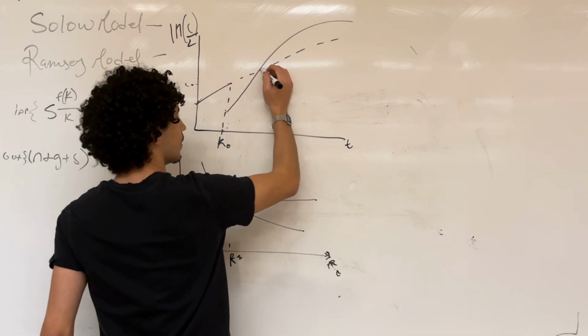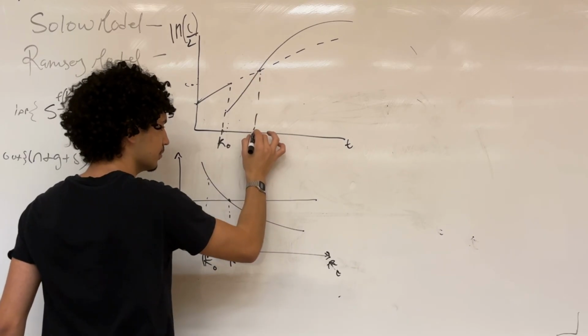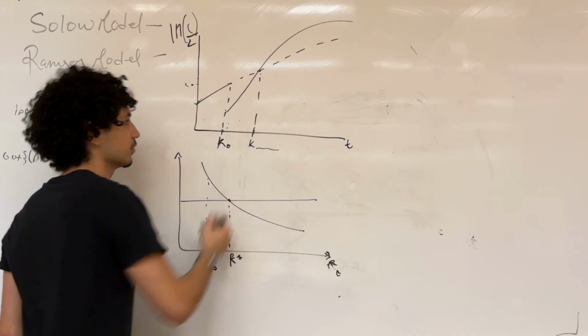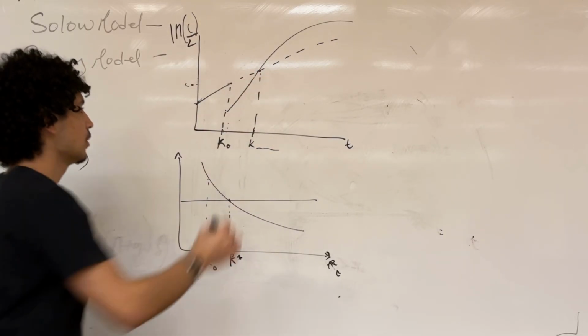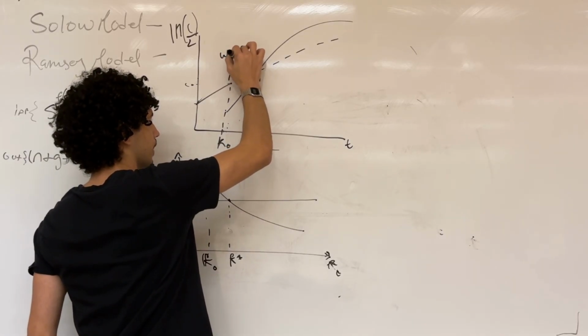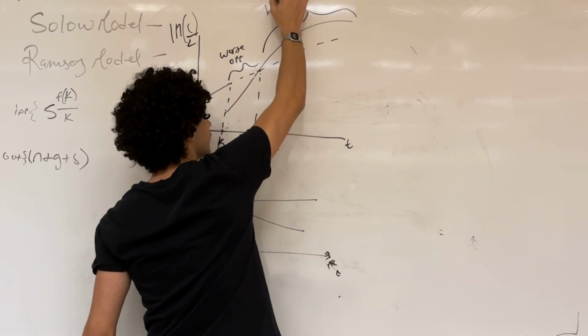So at some point in the future, they actually reach the steady state, where this generation is worse off and the next generation is much better off.